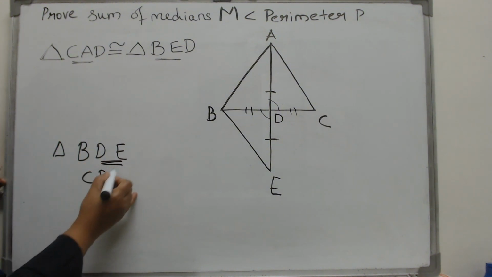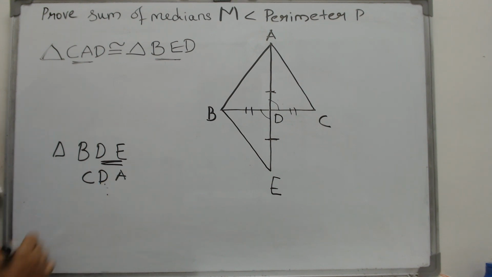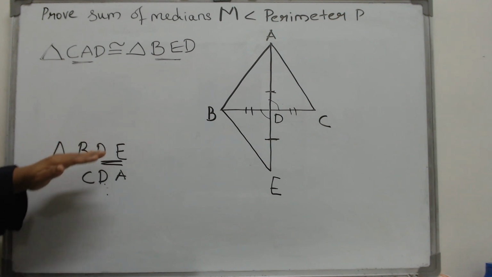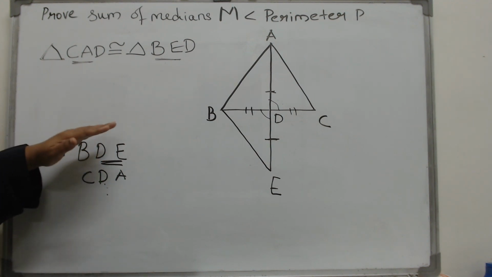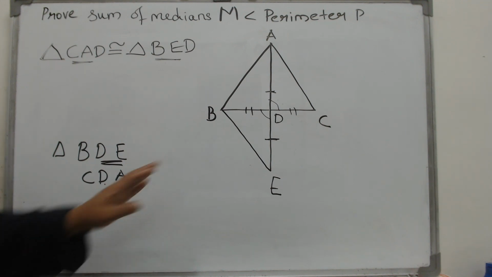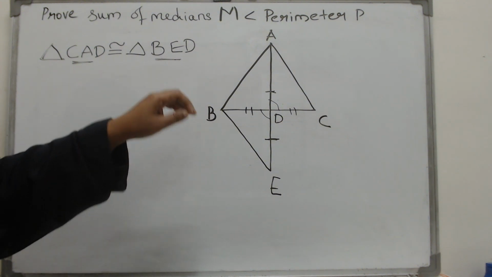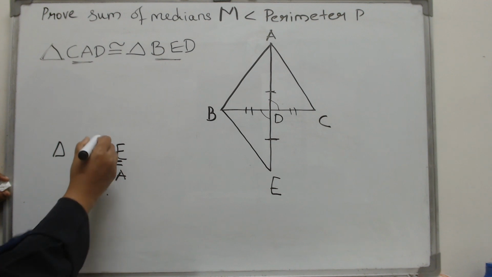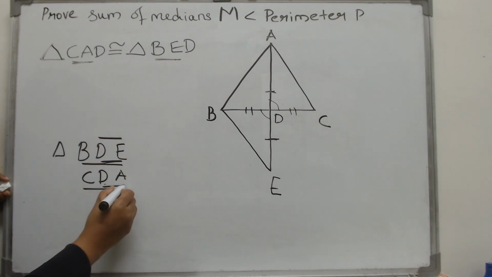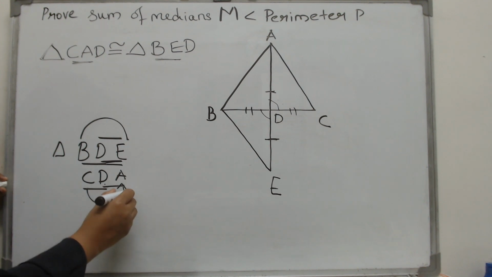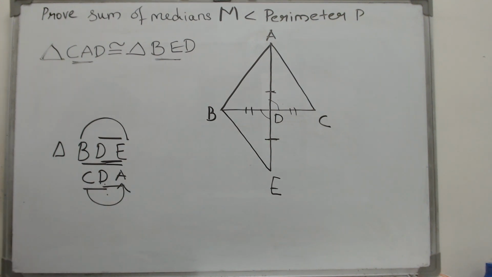You have DE here, so DA should come here. So make sure that you write it in a way that the corresponding sides are equal and the corresponding angles are equal. Once you write the name correctly, you don't even need an illustration. Even without the illustration, you can see that BD and CD are equal, DE and AD are equal, and BE and AC are equal. So that is what we needed from this.